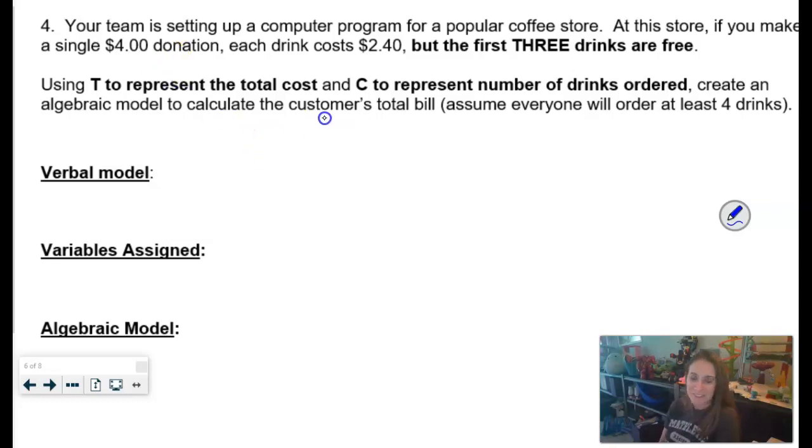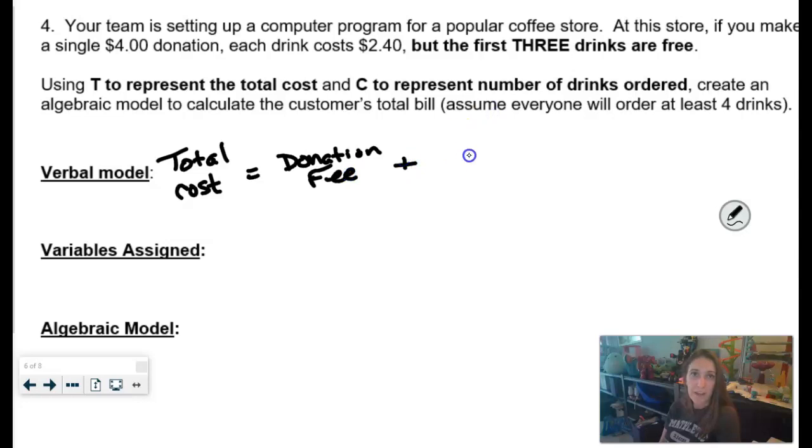All right, verbal model. So let's talk about this in words. This part is painful, I know. So the total cost, meaning to the customer. Well, there's a few things they're going to have to do. They're going to have to pay the donation fee. That's an E. And then they also would be charged for every drink.